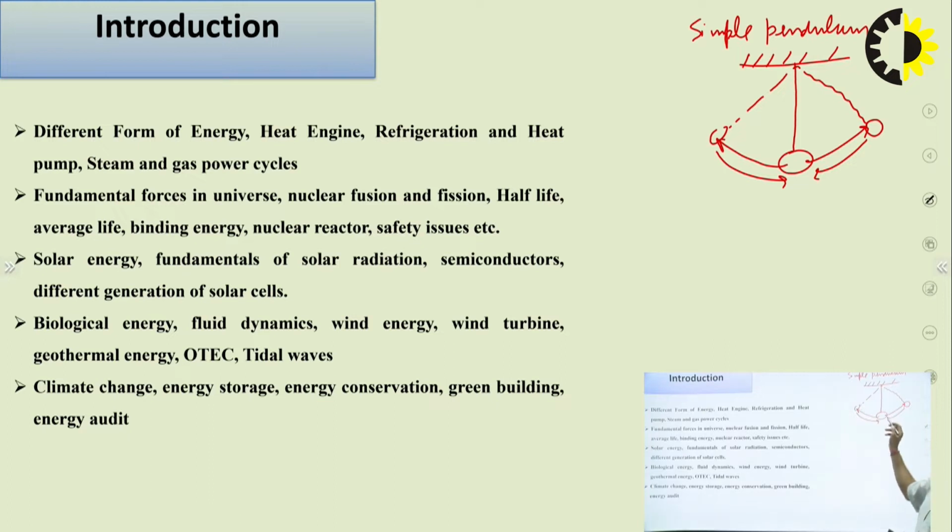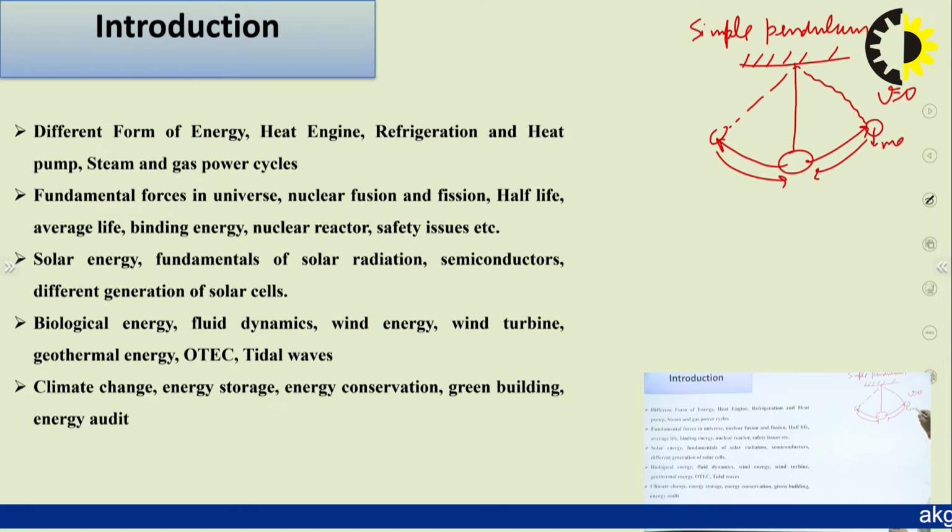So this is a ball which is moving to and fro, and when the ball reaches the right end, it is having zero velocity, velocity is 0, and because of the mass, the weight mg is there. So this ball has the energy of mgh, that is potential energy, mgh. So this is one of the forms of energy.